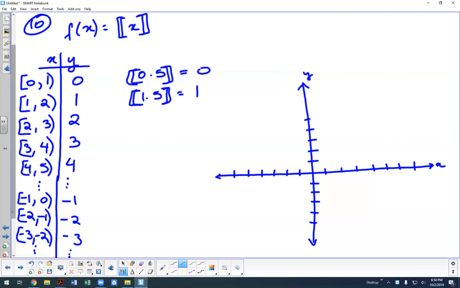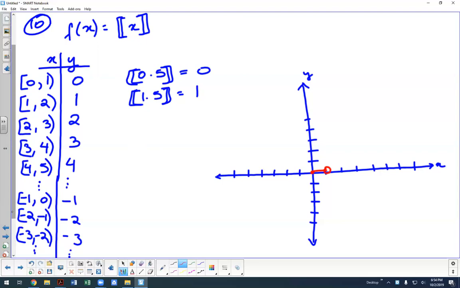So we're saying all the numbers between 0 and 1 are going to be at 0. We are including the left-hand side, not including the right-hand side, which means I will have a closed circle right at 0, because that's the number I'm including, but I'm not including 1, which means I am going to have an open circle at 1, right?